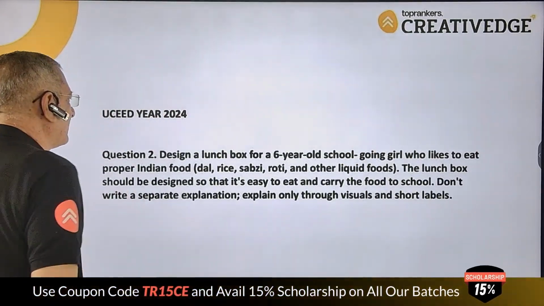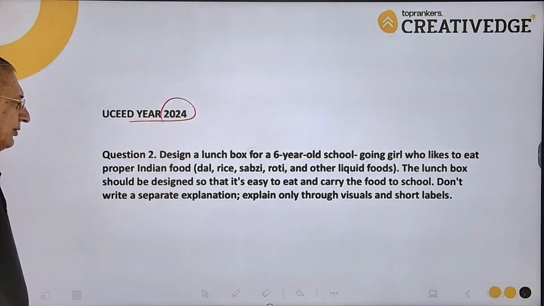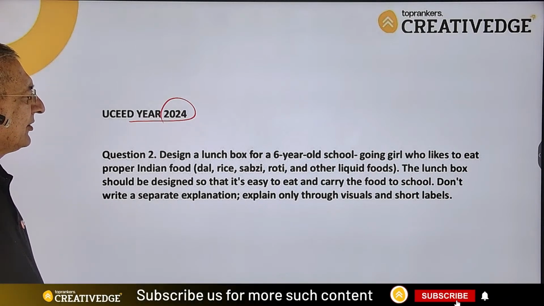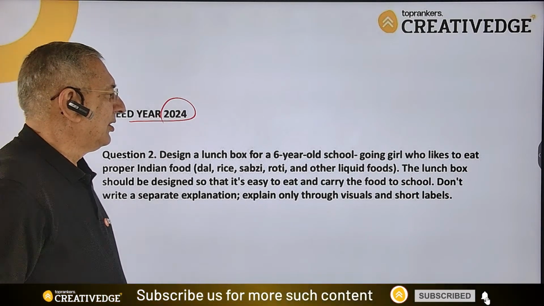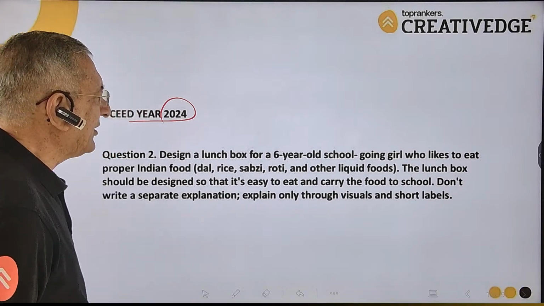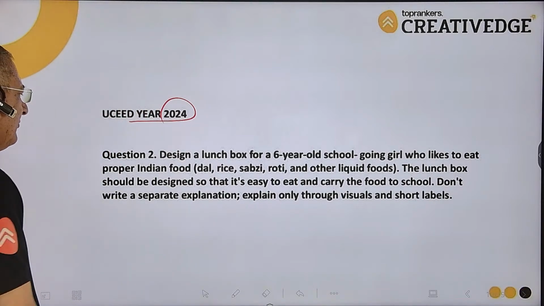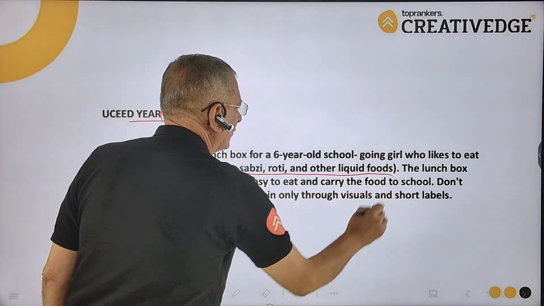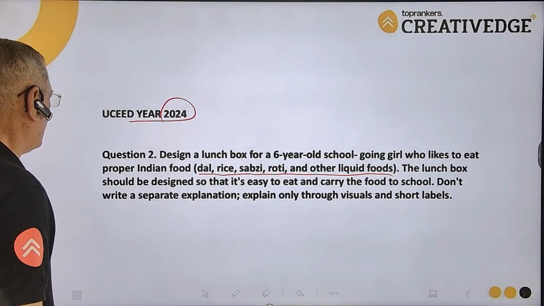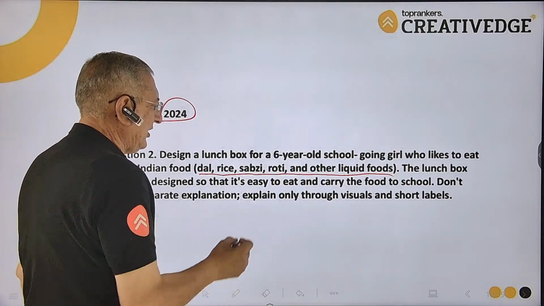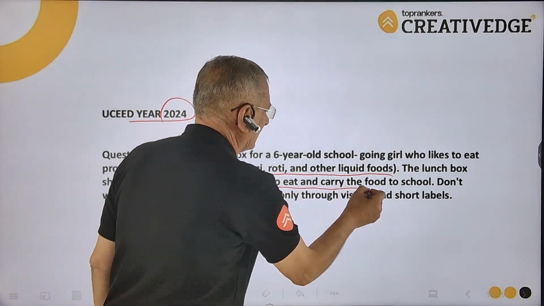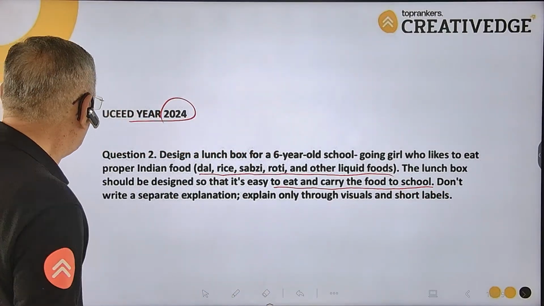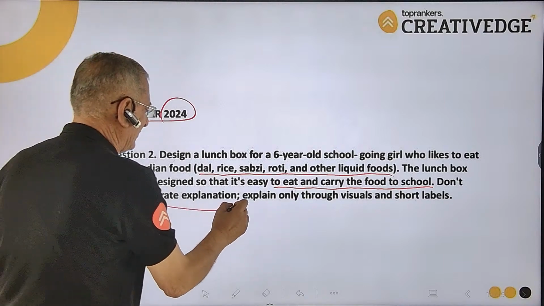Design a lunchbox. This is again from 24. Design a lunchbox for a 6-year-old school-going girl who likes to eat proper Indian food like dal, rice, sabji, roti, and other liquid foods. The lunchbox should be designed so that it is easy to eat and carry the food to the school. Don't write a separate explanation.